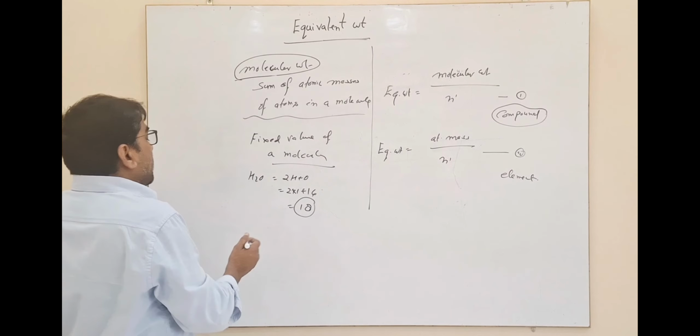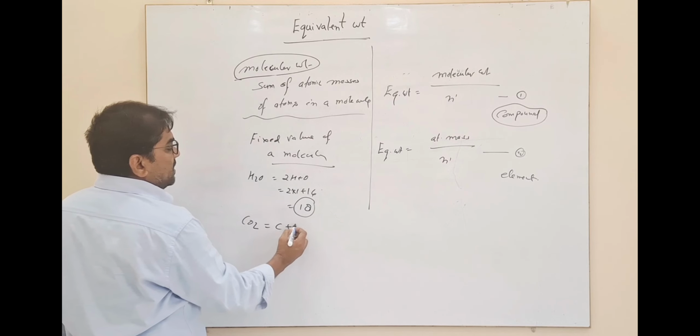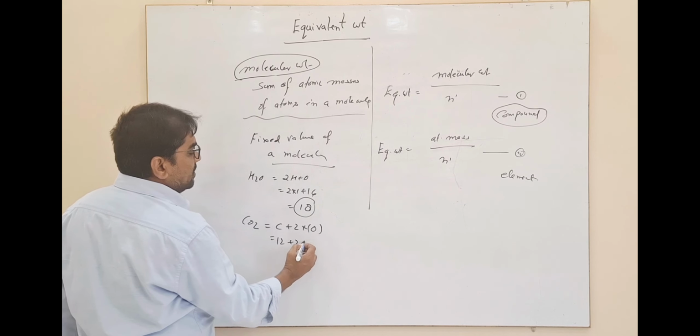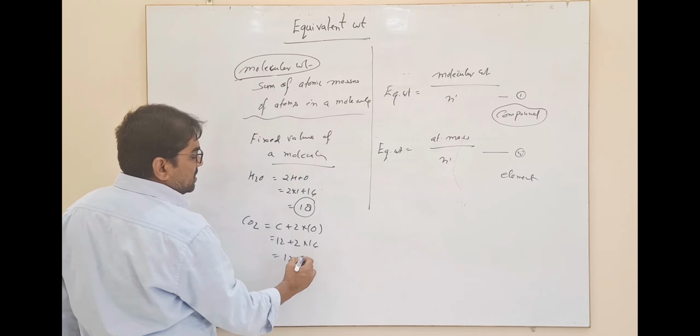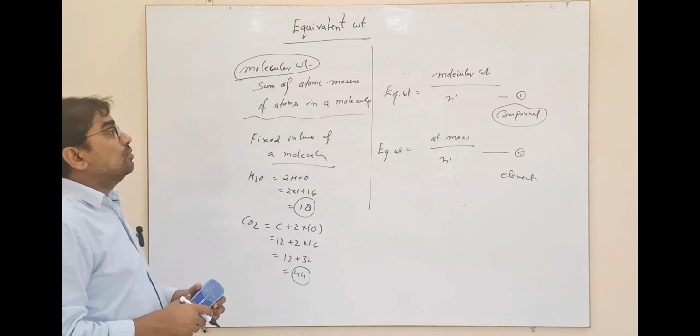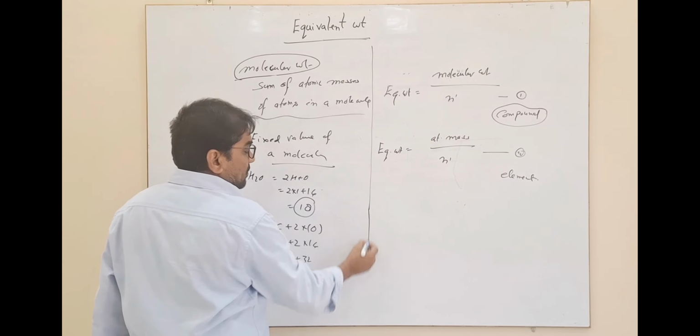For CO2, it will be C plus 2 oxygen, that is, 12 atomic mass of carbon, 2 into 16 for oxygen. 12 plus 32 equals 44. 44 will always be the molecular mass of CO2. It is a fixed value.